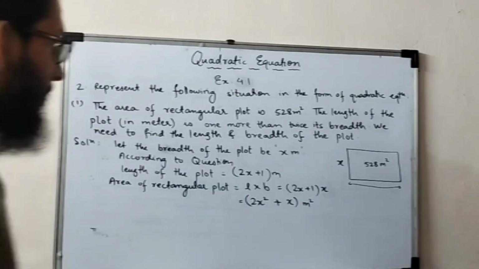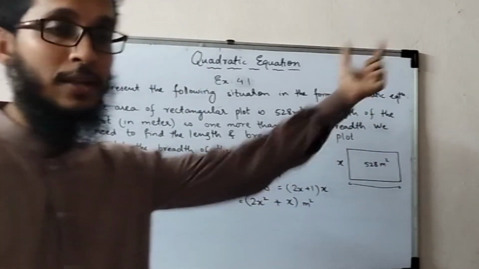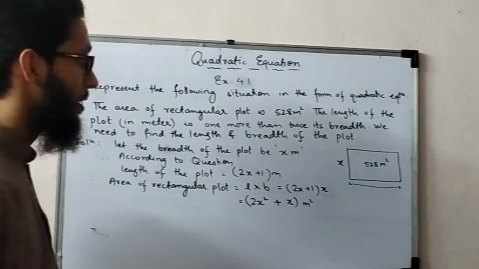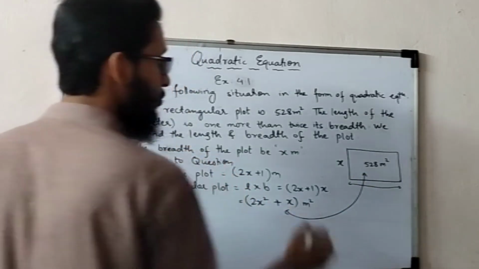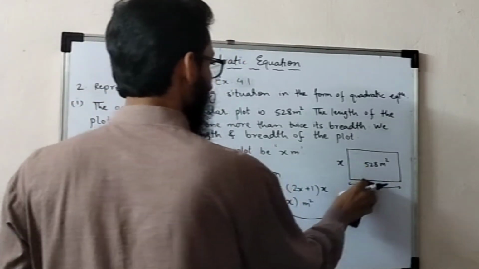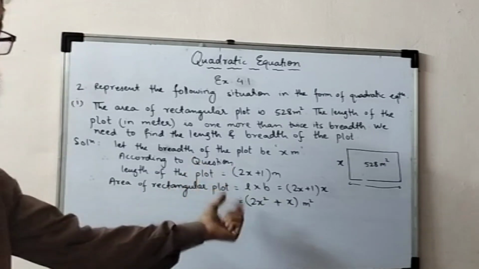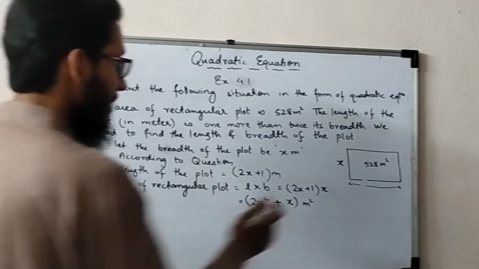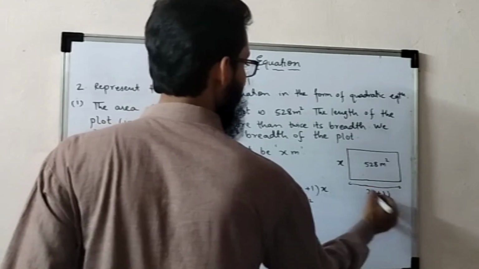But as we know, the area of the rectangular plot is 528 meter square. It means these two should be equal, क्योंकि ये एरिया ऑफ द प्लॉट गिवन है और यहाँ पर हमने जो अज्यूम किया उससे भी एरिया ऑफ द प्लॉट हमने फाइंड किया. सो इट मीन्स कि हमको यहाँ पर इक्वेट कर देना है.